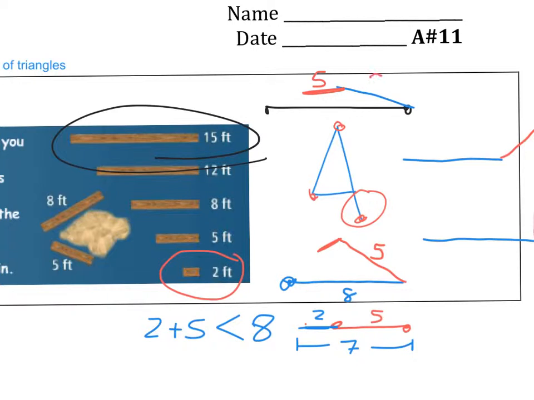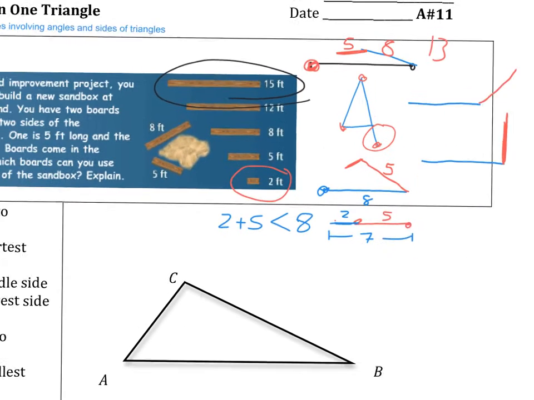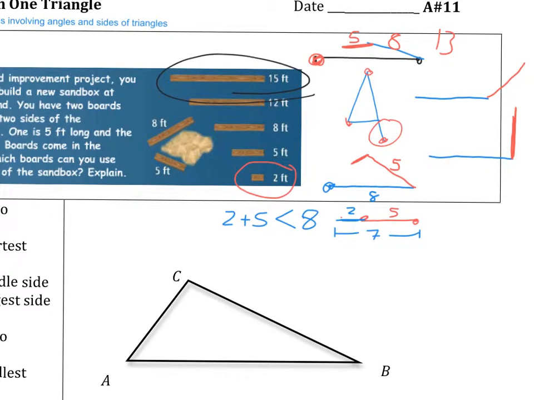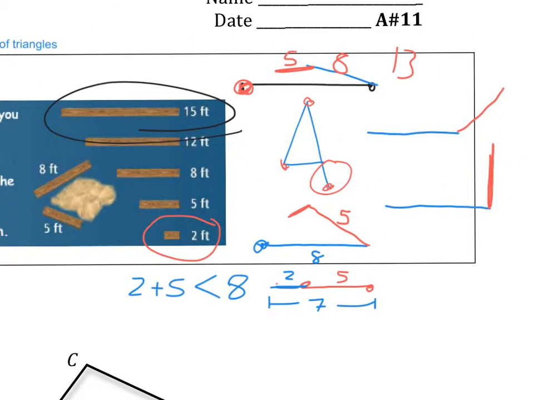Because there's the 5, there's the 8, that adds up to 13, which won't stretch out to that point, no matter how flat you make it. And if you make it flat, it's no longer a triangle. It's now segments. So we see that those two don't work. And in the end, it looks as though these ones will all work. So we have extremes, too small or too large, that won't work. So there's a sweet spot, a nice place in between.